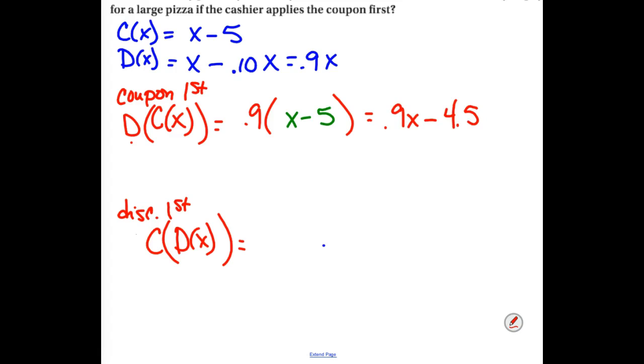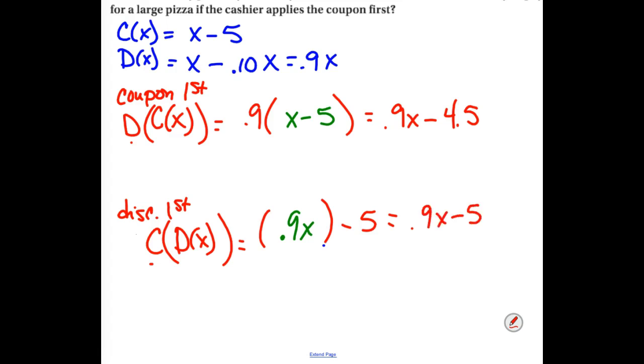Okay. For the second one, we said start with the C function here, something minus 5. This time we're dumping the D function into that. And there's really nothing to simplify. We're getting 0.9x minus 5.